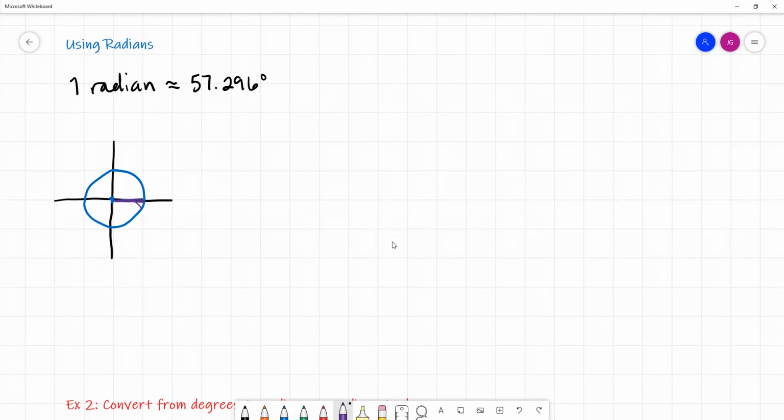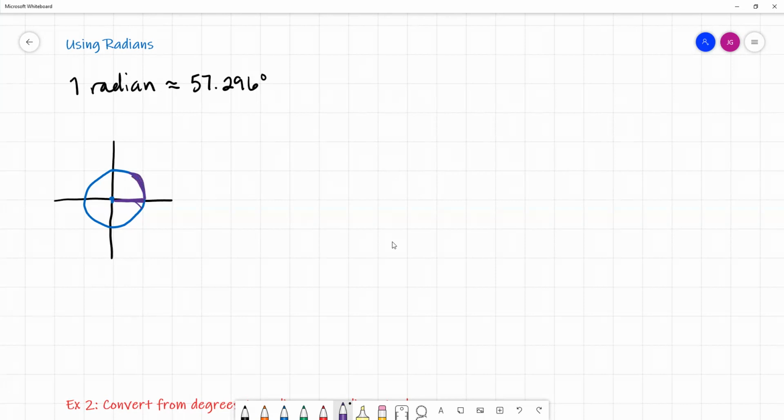Pretend you're measuring the radius with a piece of string, and maybe it's too long, so you cut it off, and you have exactly a radius length of string. I'm going to take that string, pull it out, and lay it on the circumference of the circle, right about there.